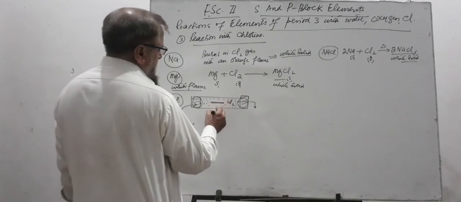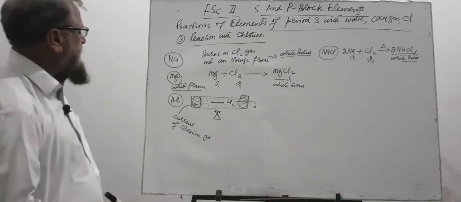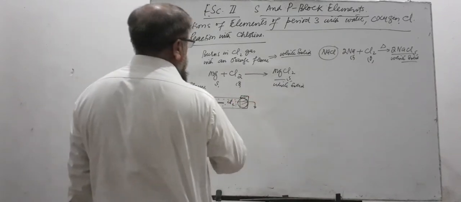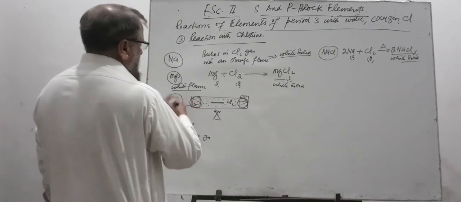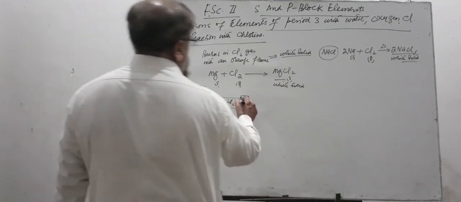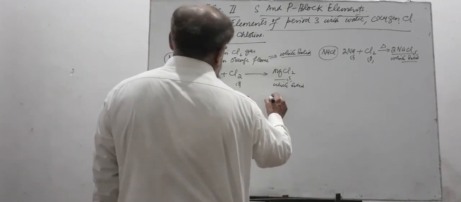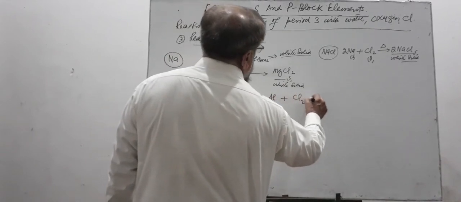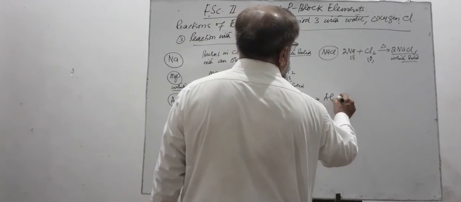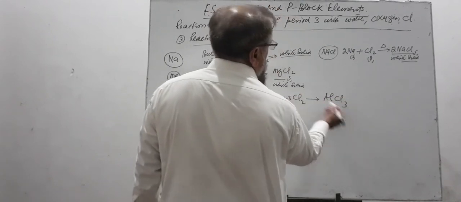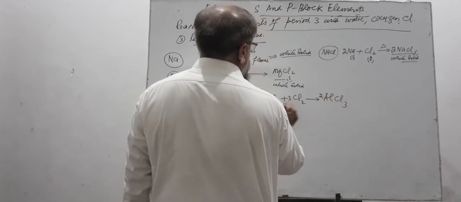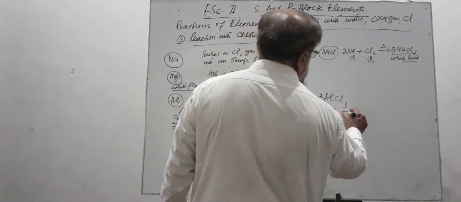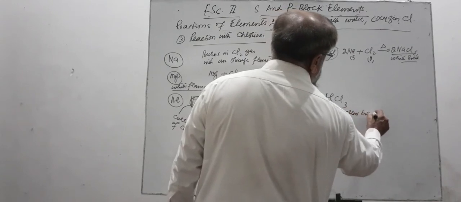So when aluminium is heated in a current of chlorine in a sealed tube, it will react with chlorine and produce aluminium chloride, a pale yellow solid. 2Al solid plus 3Cl2 gas gives 2AlCl3, a pale yellow solid.